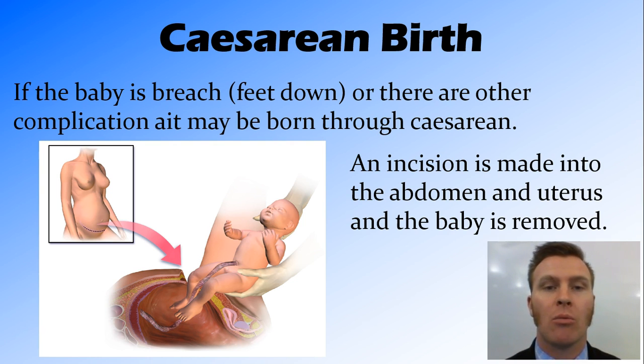How a caesarean works is an incision is made through the abdomen and into the uterus, and the baby is then removed through the abdomen, leaving a cut or scar in the stomach. Now, this isn't what you want. It is much more dangerous, being that it's surgery. However, in some circumstances, such as breech and emergencies, this is the only option.